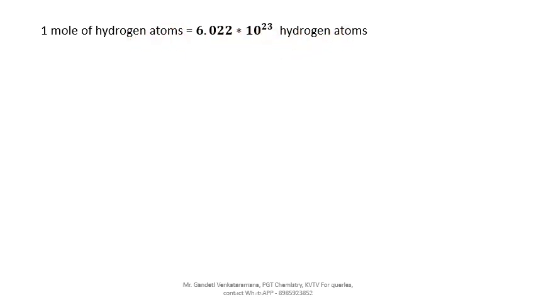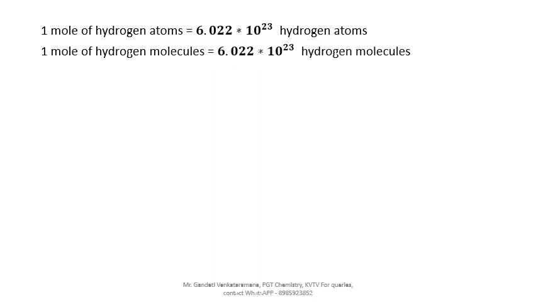Next, 1 mole of hydrogen molecules equals 6.022 into 10 power 23 hydrogen molecules. On the left hand side hydrogen molecules are present, so on the right hand side also hydrogen molecules.